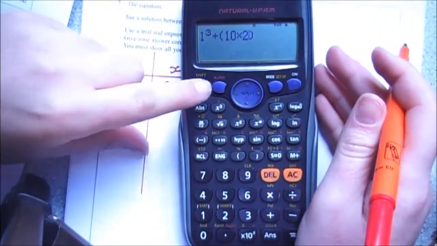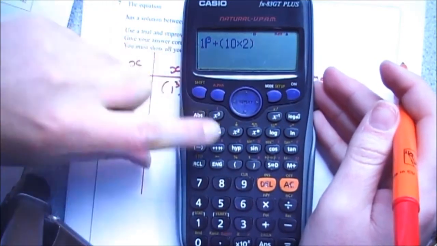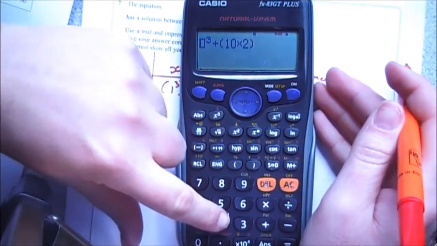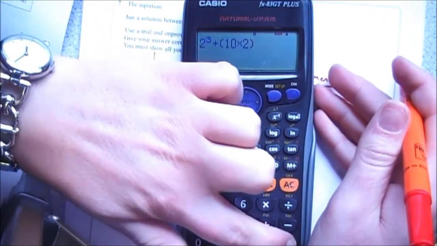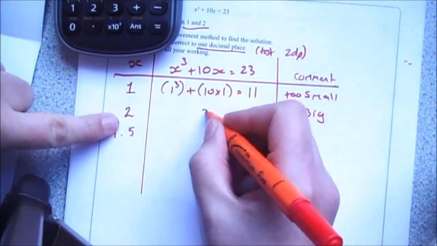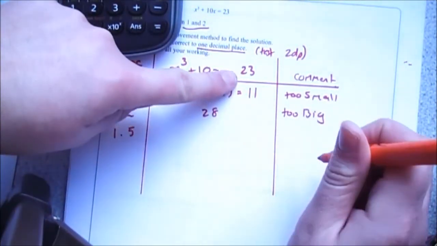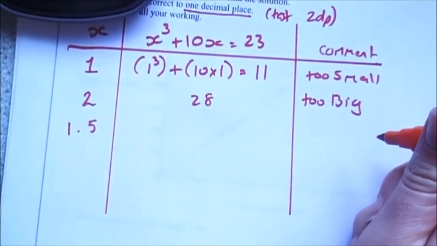So it's got a 2 there now. I'm going to scroll back there, delete that 1, and make that 2 as well. So now I've got 2 cubed plus 10 times 2, and that equals 28. And I wanted 23, I've got 28, so that is too big.